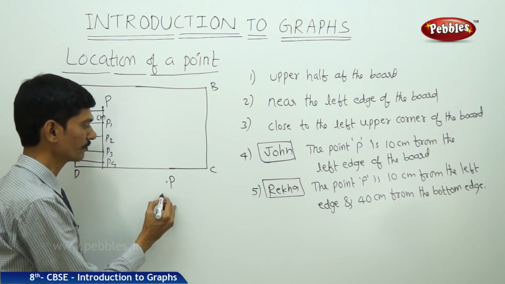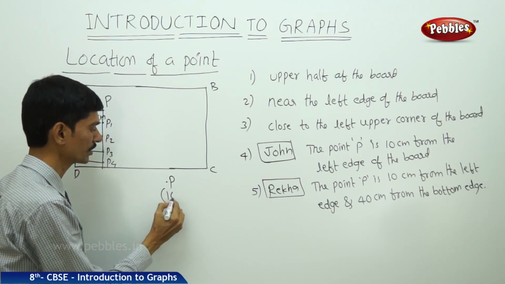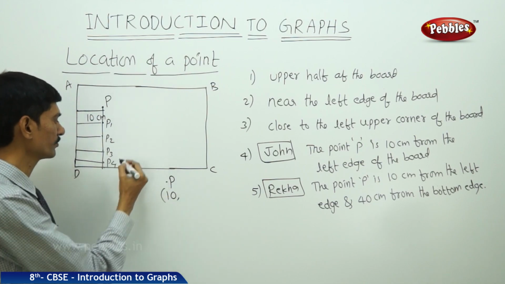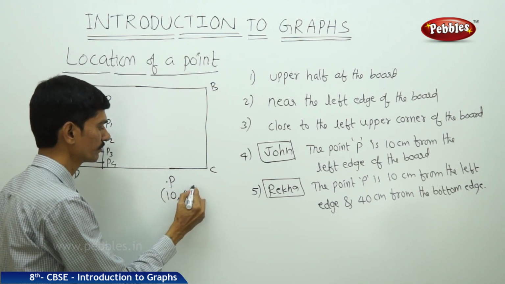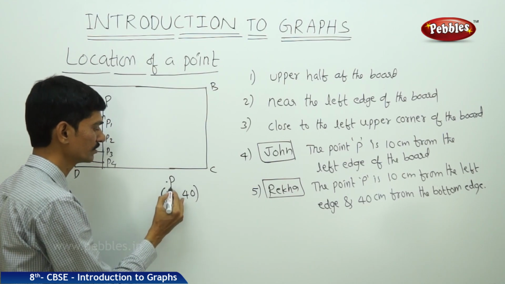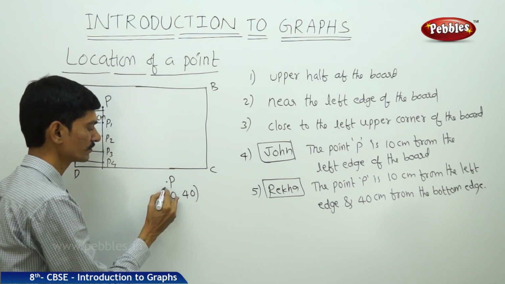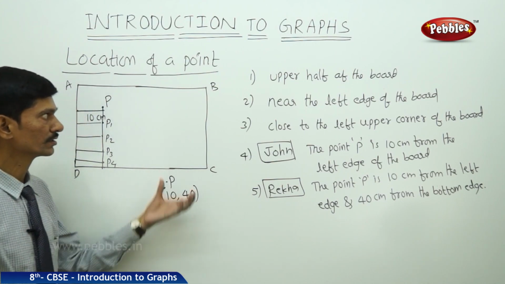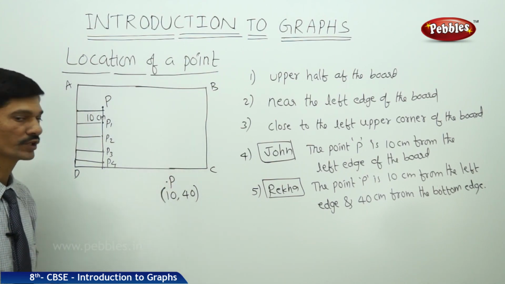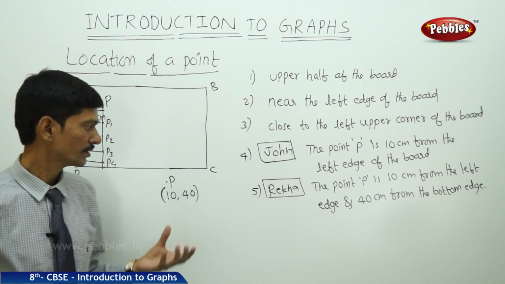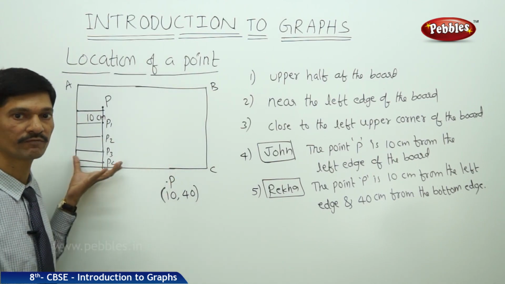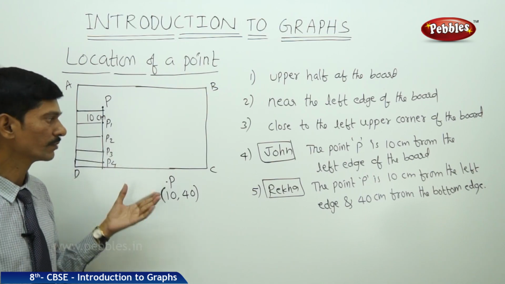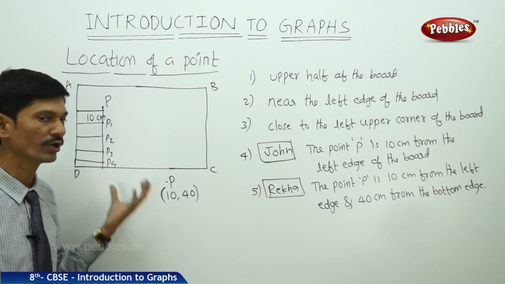Here the distance from the left edge is 10 centimeters, so 10 comma, and the distance from the bottom edge is 40 centimeters, so 40. Now the location of the point P is 10 comma 40. The teacher explained that we can locate a point in the plane by taking the distance of the point from the left edge, meaning from the vertical line, and the distance from the bottom edge, from the horizontal line.